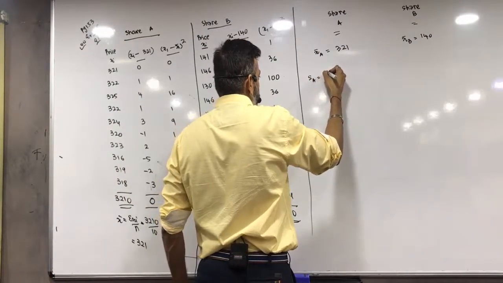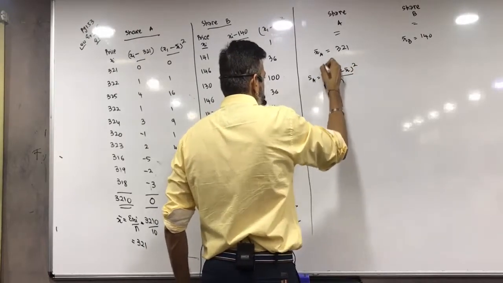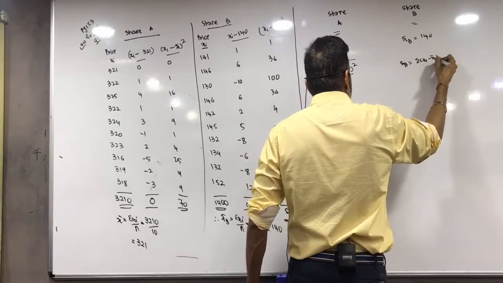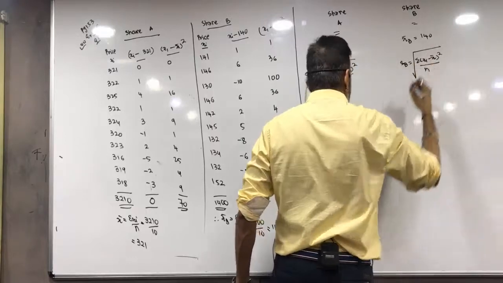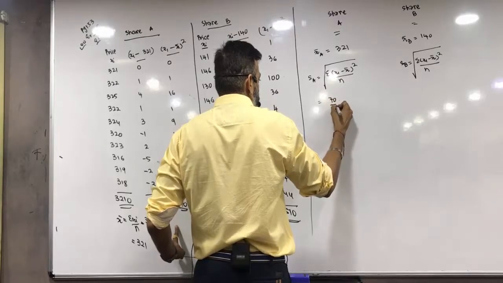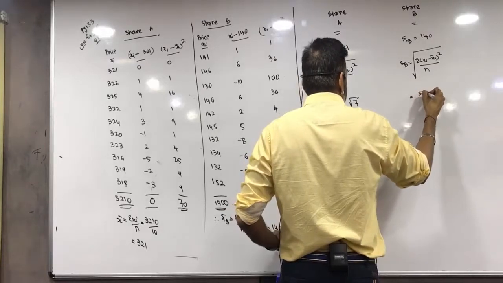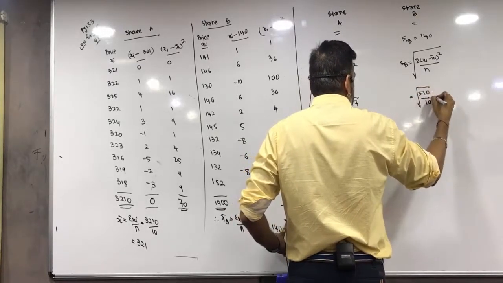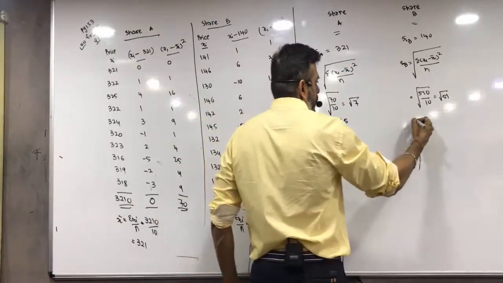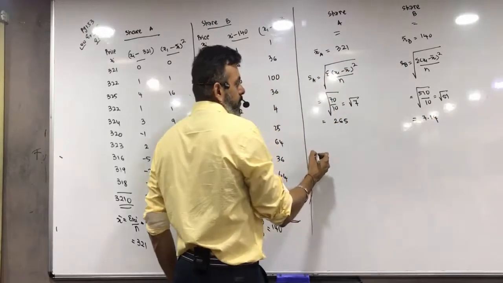Standard deviation of A is the root of sigma xi minus x bar the whole square upon n, and the same for B. So 70 upon 10 under root 7, which is 2.65, and 510 upon 10, so under root 51, which is 1.4. Now what do we have to find?